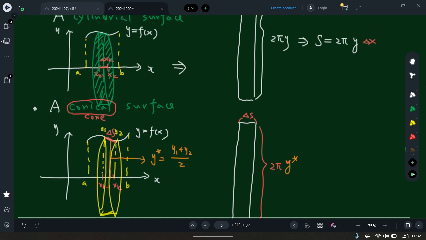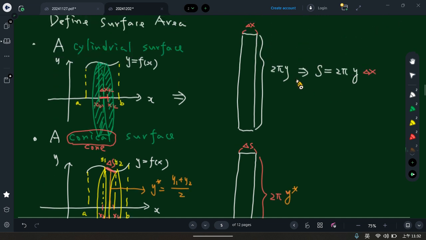You can notice that y star and y are different, but when the partition becomes very, very small, y will be the same. Even though we take the average, when the small portion becomes very small, it becomes y only.